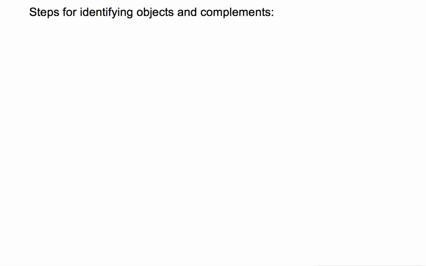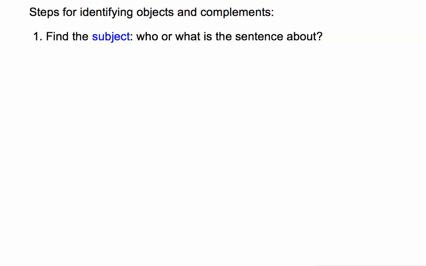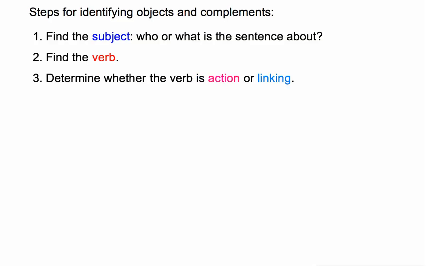Okay, so here are your basic steps for identifying all the parts of the sentence, including the objects and the complements. As we've been doing, first, find the subject. Who or what is the sentence about? Then you need to find the verb. Next step is to determine whether the verb is action or linking. I recommend labeling it. Write an A above the action verbs or an L above the linking verbs.